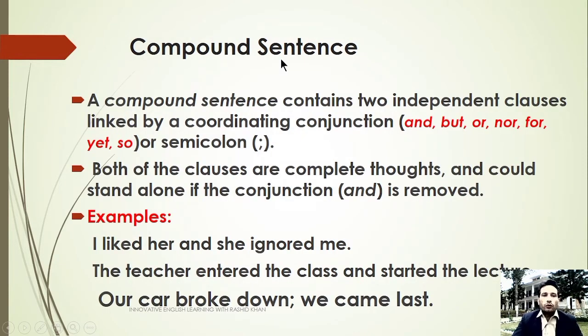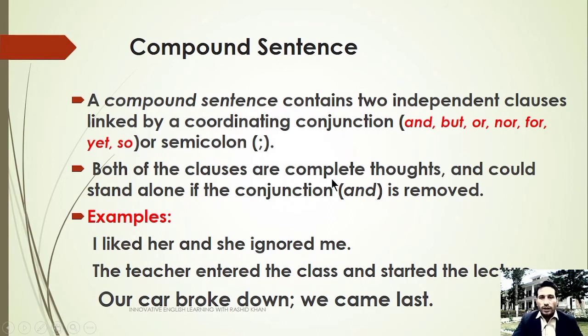Next we have a compound sentence. A compound sentence contains two independent clauses linked by a coordinating conjunction like and, but, or, nor, for, yet, so, or a semicolon like this one. Okay, so when we join two independent clauses with a coordinating conjunction, such a sentence is called a compound sentence.